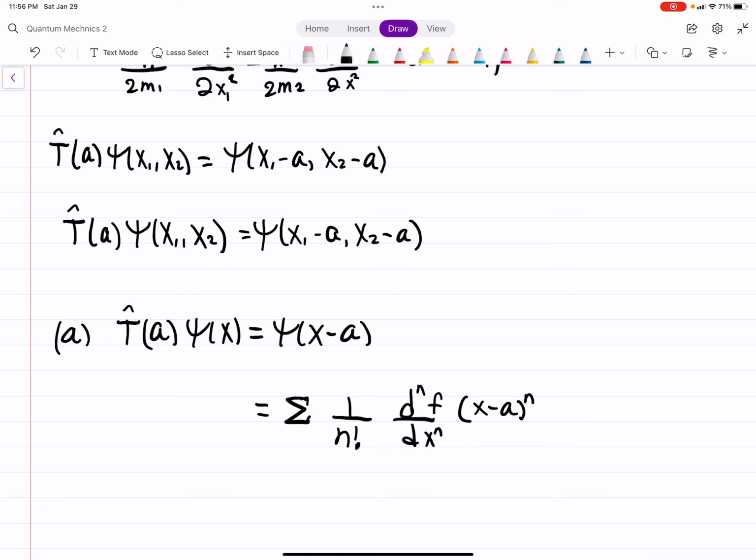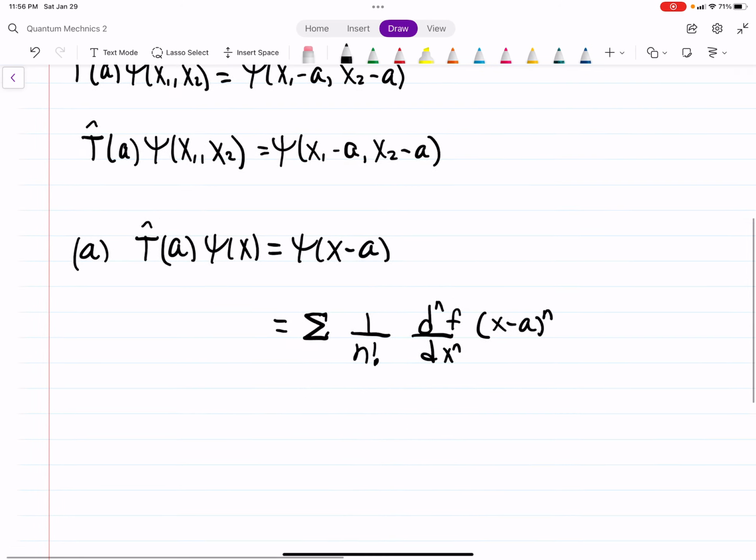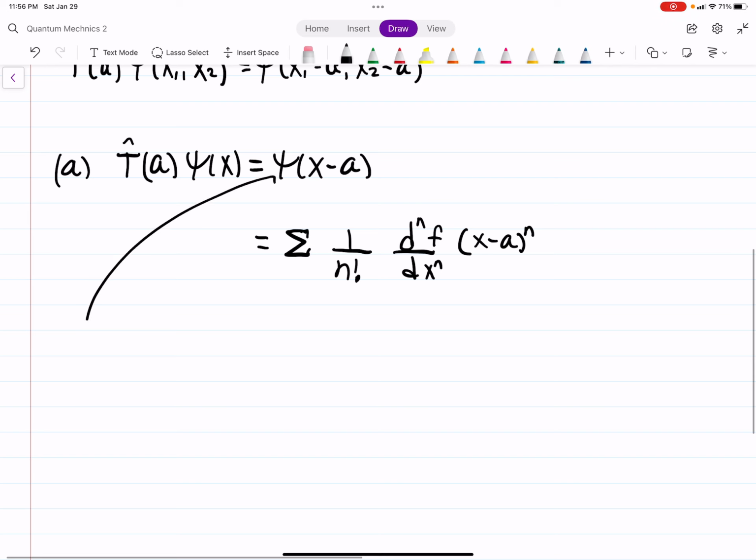Now what we can do is go ahead and expand this as a Taylor series. If we do that, we'll get an infinite sum from n equals 0 to infinity, 1 over n factorial, and we'll do this about x equals 0, so minus a to the n, and the power is what's left.